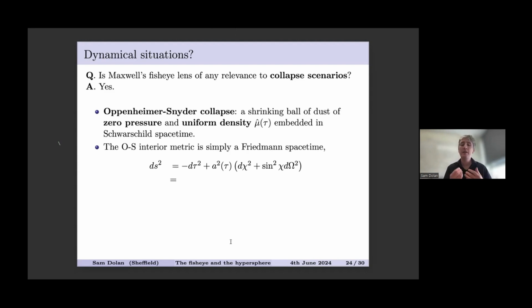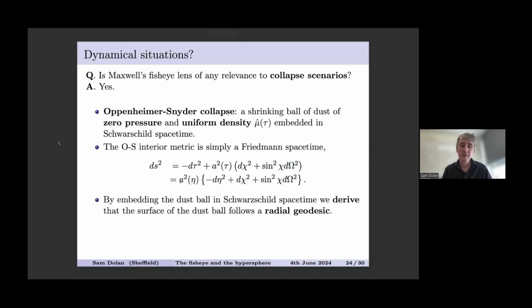Their interior metric was simply a Friedmann spacetime with a hyperspherical geometry multiplied by some scale factor. And introducing a conformal time, you can then write that as a conformal factor multiplied by geometry of the kind we've been considering. And by embedding that dust ball into Schwarzschild spacetime, they derive from the matching conditions that the surface of the dust ball follows a radial geodesic in Schwarzschild spacetime, and that drops out of the matching.